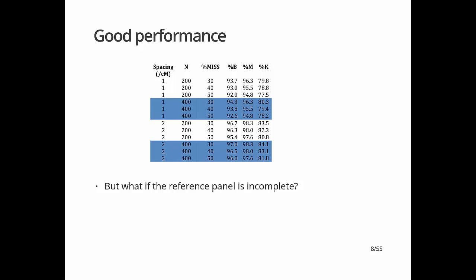And so this is results from simulations where we were looking at different marker densities, different sample sizes, and different percentages of missing data, ranging from 30% up to 50%. And then we were comparing different approaches. So B stands for Beagle, which is very commonly used in livestock. M was just using the founder haplotypes to infer information in the progeny.